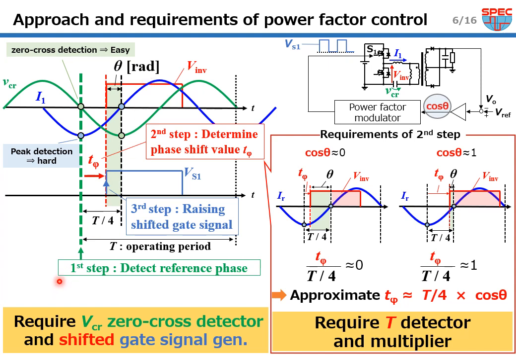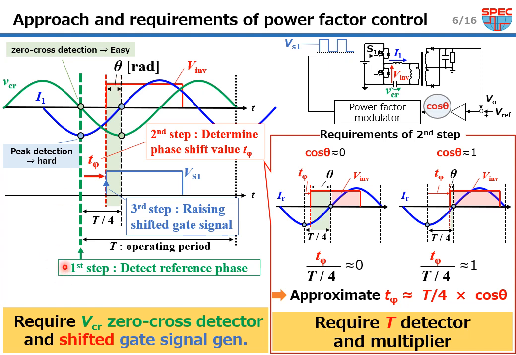The first step is to detect the reference phase. The second step is to determine the phase shift value from the reference phase. The third step is to generate the shifted gate signal. Thus, if I change the phase shift value, it can shift theta.